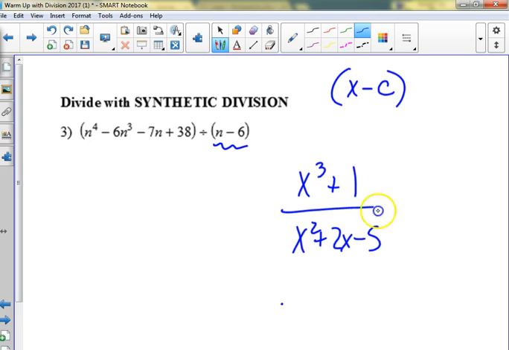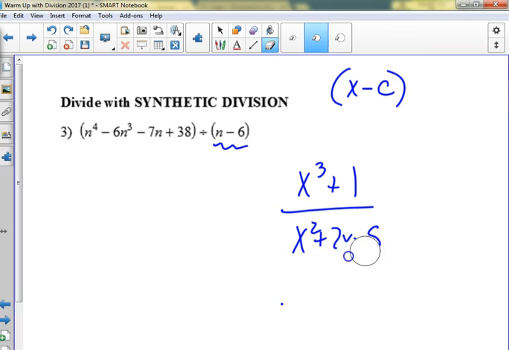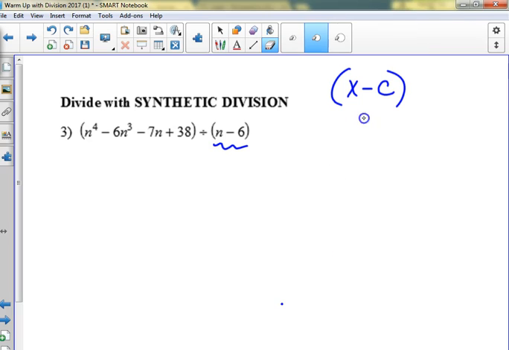This is what we're going to do, if not next week, the following week, when we do rational functions. To find the end behavior this approaches, you're going to have to use long division. Because you can only do synthetic division if you have x plus or minus a constant term. All right. So we can on this one.